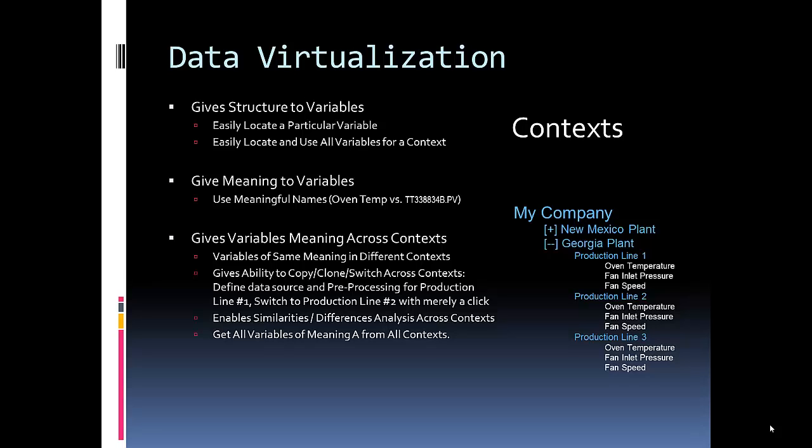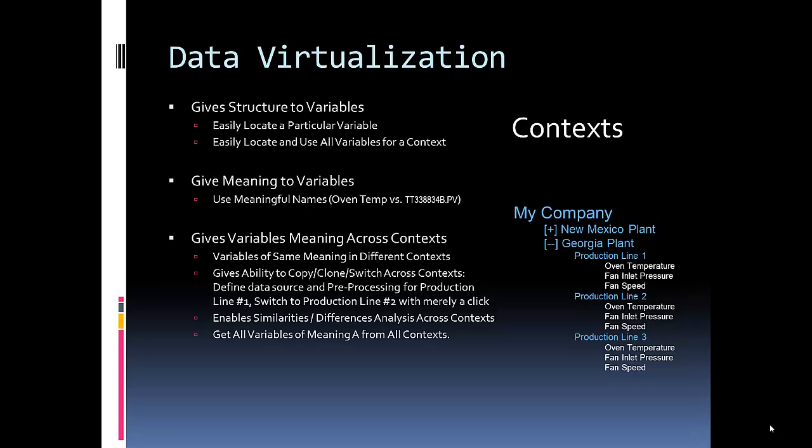It also gives variables meanings across contexts, which is a very important thing, in that variables of the same meaning can be in different contexts. So oven temperature for production line 1 is also found as oven temperature in production line 2 and in production line 3, and those all have the same meaning assigned to them behind the scenes.